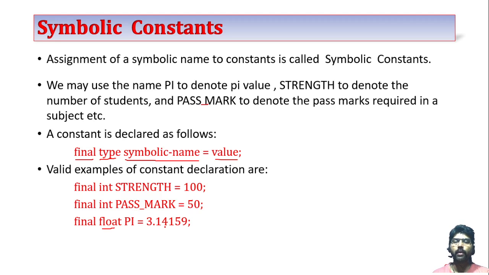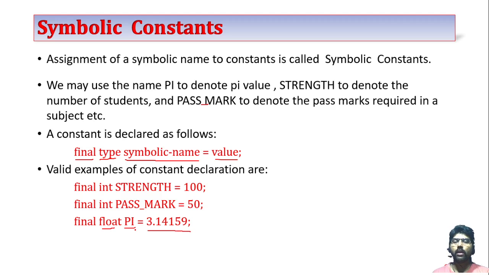is 3.14159. Now if I need this pi value, 3.14159, anywhere in my program, I just place capital PI. Wherever the compiler finds PI, it replaces it with the literal constant 3.14159 for me.